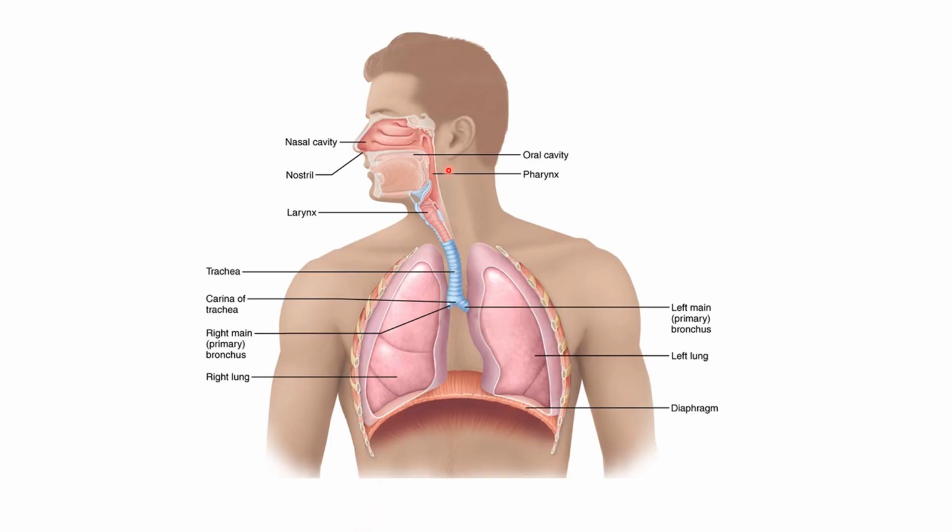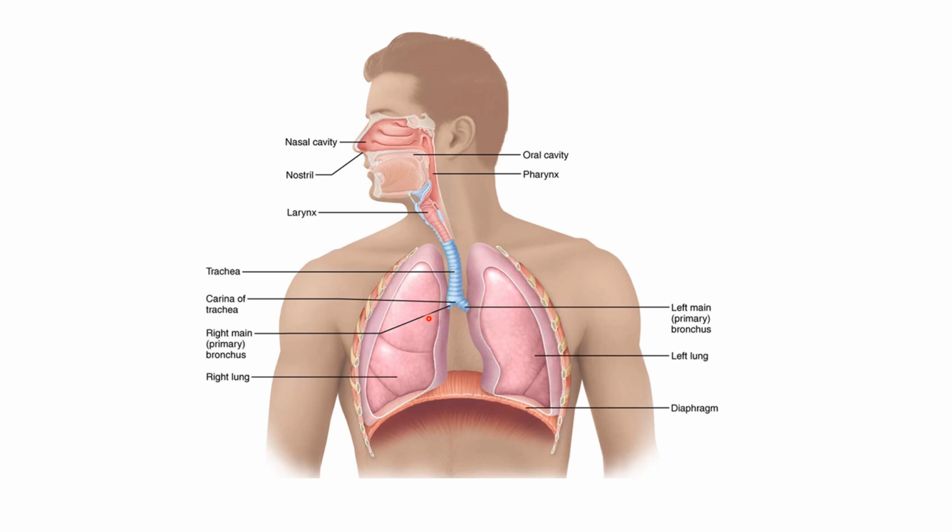We have already covered the upper respiratory system, the nasal cavity, and the pharynx. Now this is our lower respiratory system. This is larynx, and this is trachea. Trachea has incomplete cartilage rings. The lowermost cartilage ring of trachea is known as carina of trachea. At this point, the trachea divides into two bronchi, right bronchus and left bronchus.